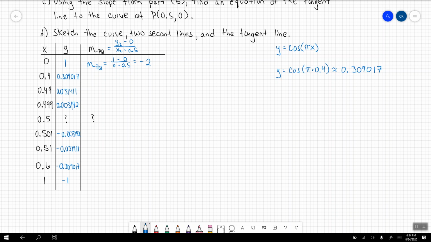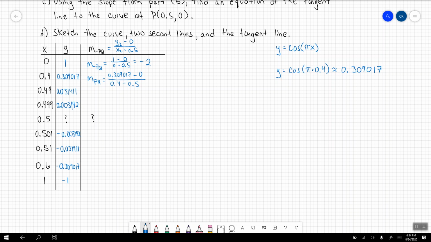Great. And we're going to keep doing this for this one as well. We have our x1 and we have our y1. In this particular case, again, the slope is going to change, but now we can go through y2 is this new y2, which is 0.309017 minus the one that doesn't change, that's 0, divided by x2, where x2 was 0.4 minus 0.5.